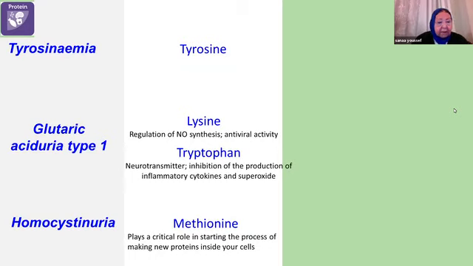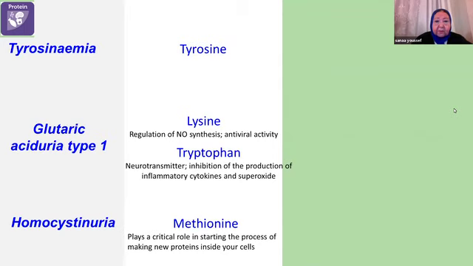Tyrosinemia, which is a common disease, the defect results in the accumulation of tyrosine, and this again results in an effect on proper brain function, as it is needed for tryptophan and for the formation of brain function.